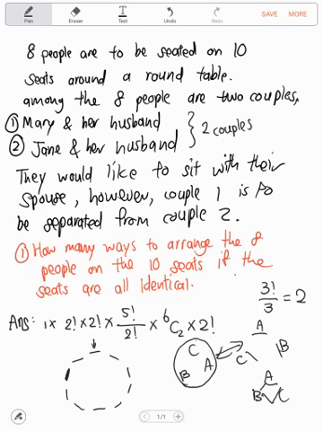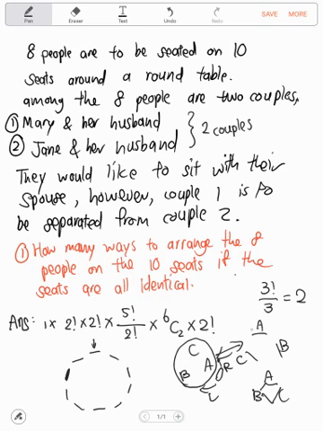So let's say in one case, C will think that he's to the left of A, and B will think that he's to the right of A. Similarly, in this other case, C will think that he is on the right side of A, and B will think that he's on the left side of A.